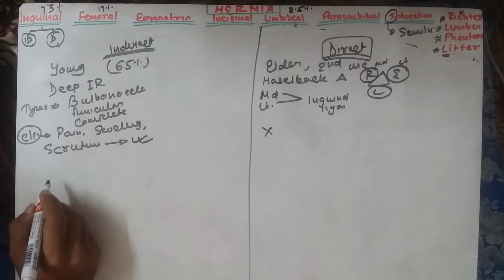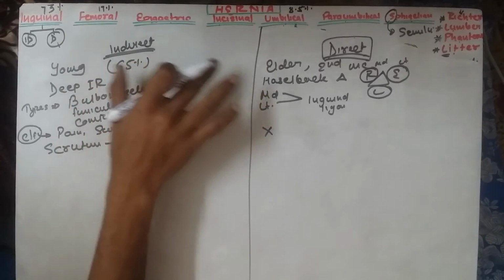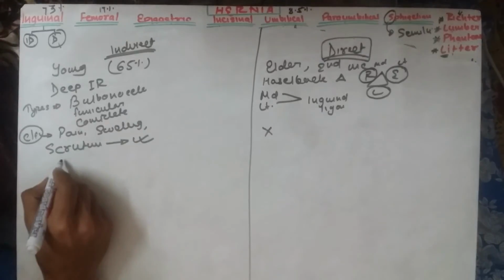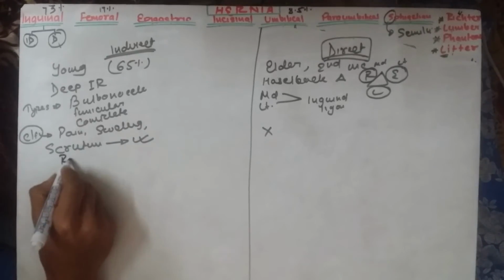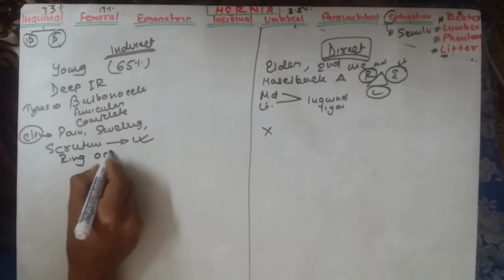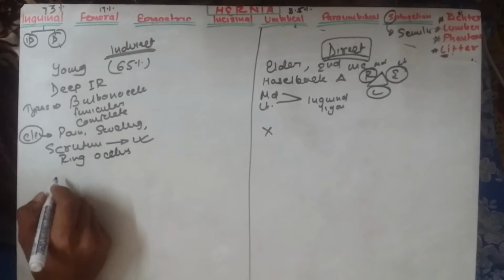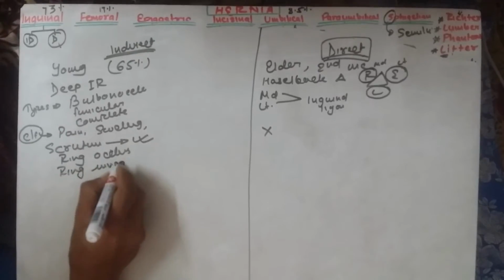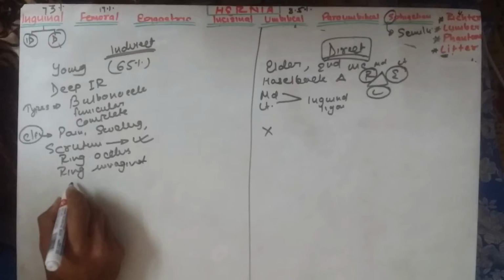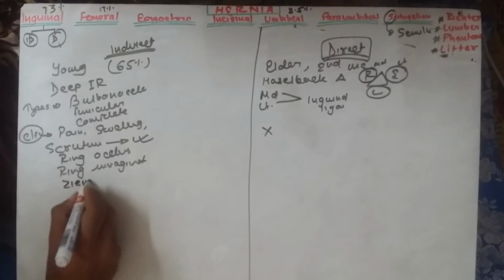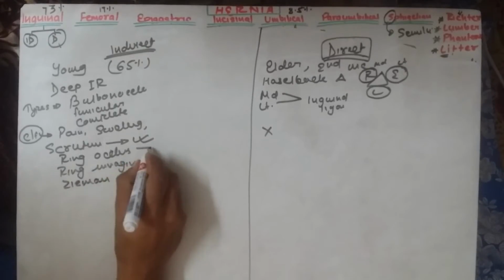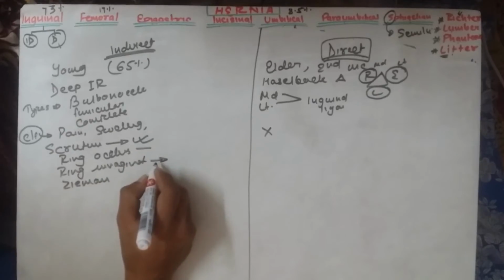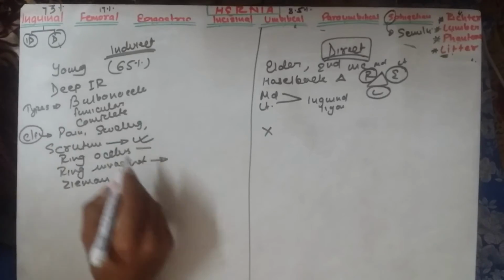Then the other 3 important tests which are usually performed to distinguish among these are the ring occlusion test, then the ring invagination test, and the last is the Zieman test. In the ring occlusion test, the swelling does not appear on occlusion and reappears on releasing the thumb in case of the indirect hernia.